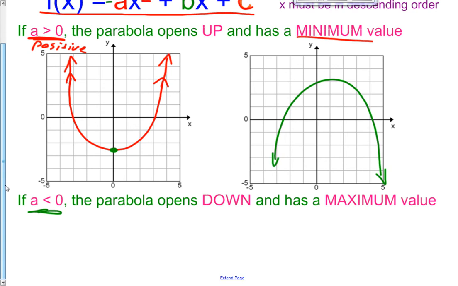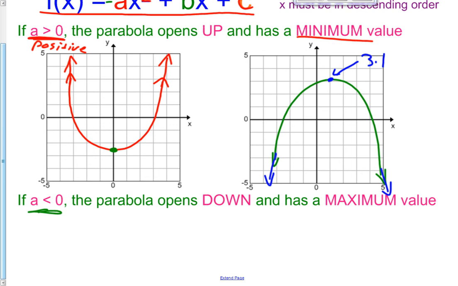The highest point on this graph, once again, is at the vertex. It wouldn't have a minimum value because these arrows go all the way down to negative infinity. But it does have a maximum value when the parabola opens down. And again, we talk about the y-axis when we talk about maximum values, so the maximum value would be the y value, something like 3.1.